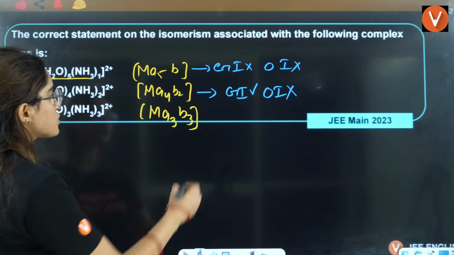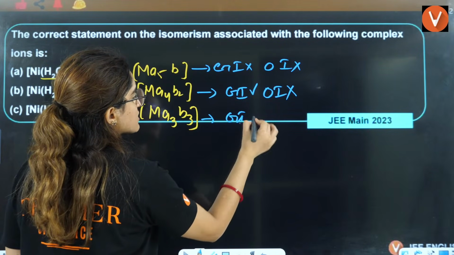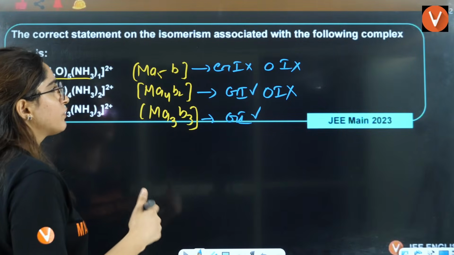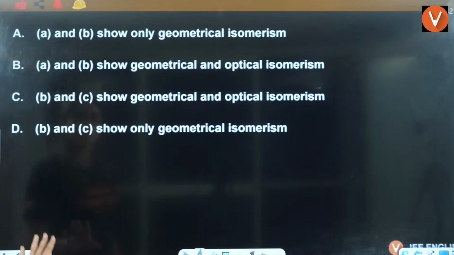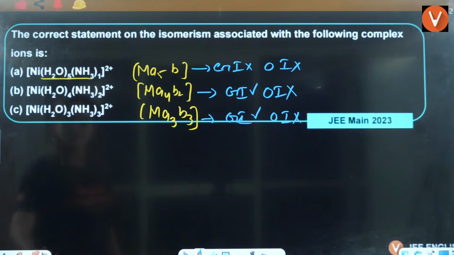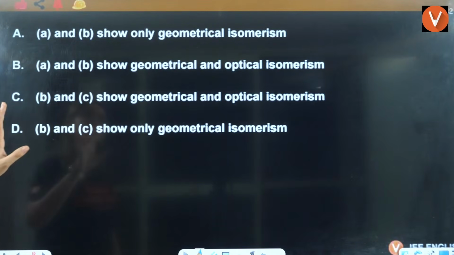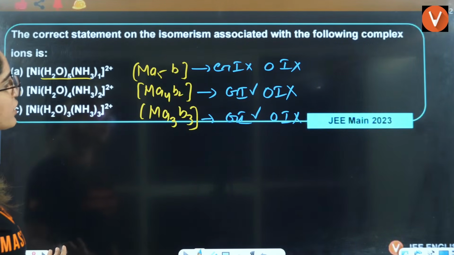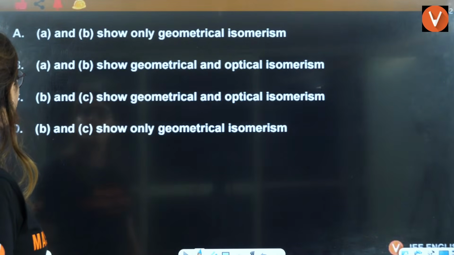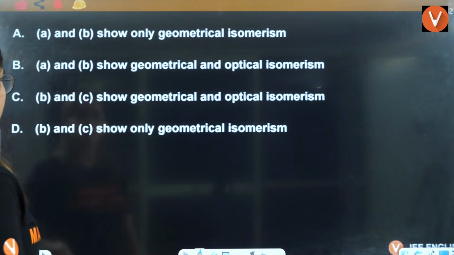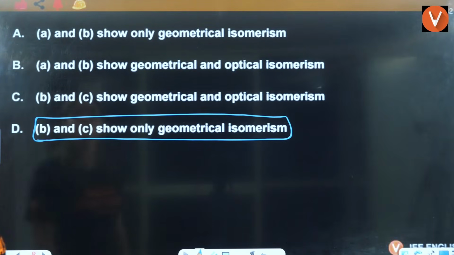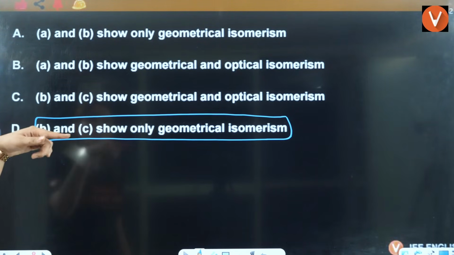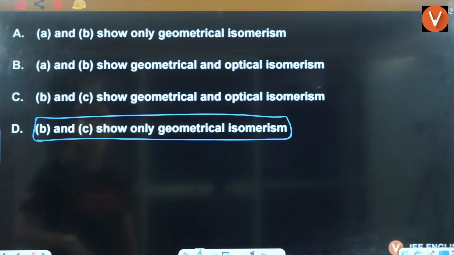A3B3 was showing geometrical isomerism, facial and meridional, and both were not showing optical isomerism. So we have done this. B and C show only geometrical isomerism, that is the true statement. Optical isomerism, none of them are shown.